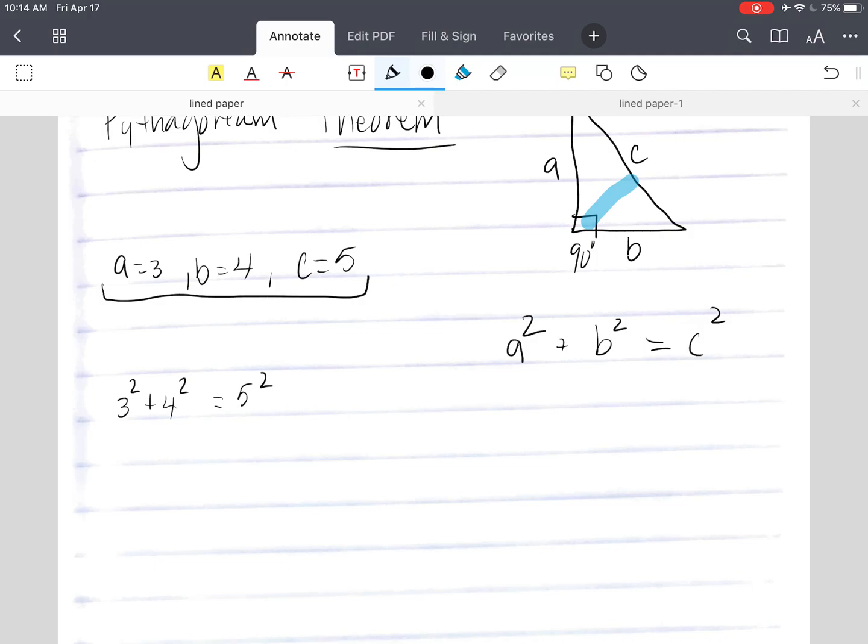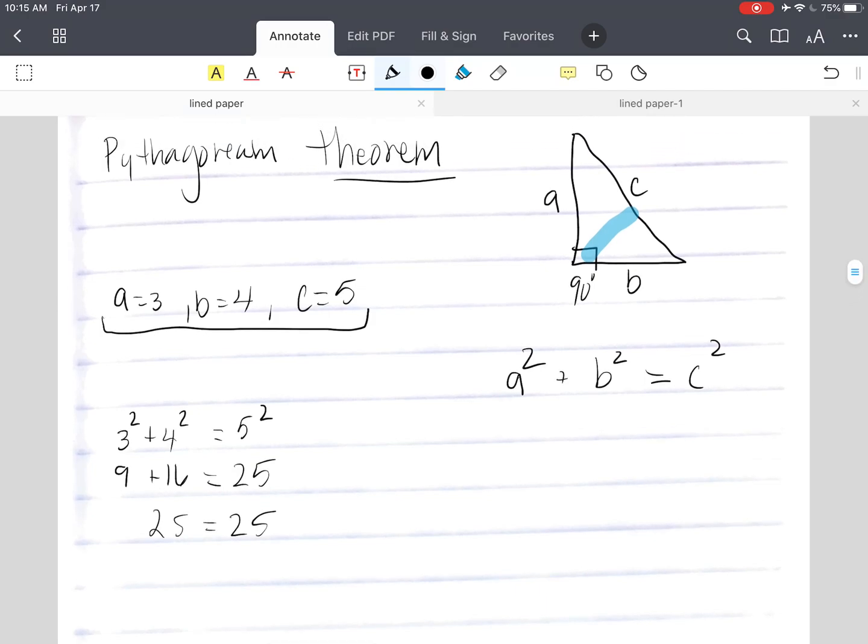We're just going to check if it is true. 3 times 3 is 9. 4 times 4 is 16. And 5 times 5 is 25. 9 plus 16 is 25. And 25 is 25. 25 is equal to 25.